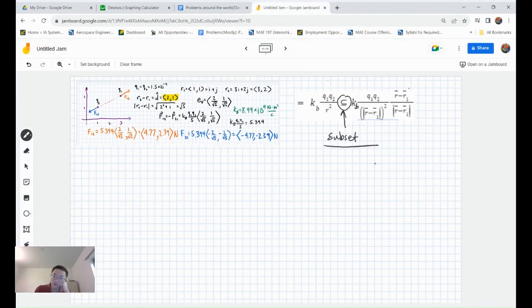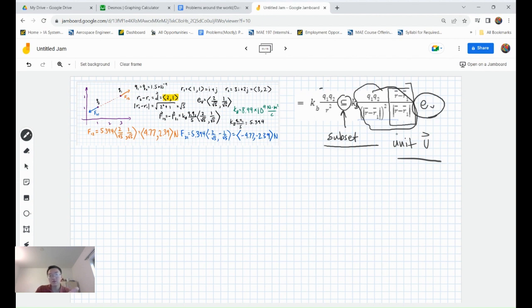That's a subset. This is our e_v, otherwise known as our unit vector. Unit vector is helpful sometimes. It's questionable if it's actually helpful, but subset means that this is the prime equation. This is the equation that this left equation is derived from.